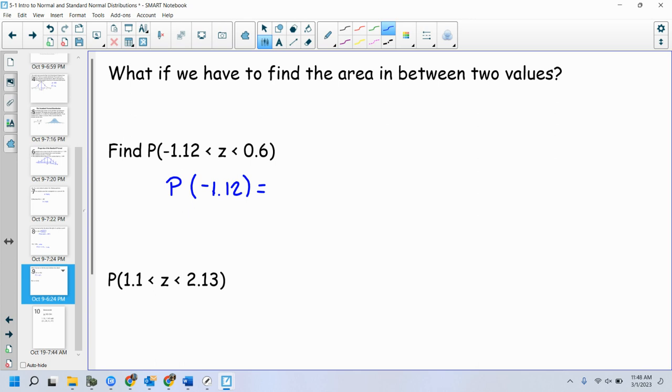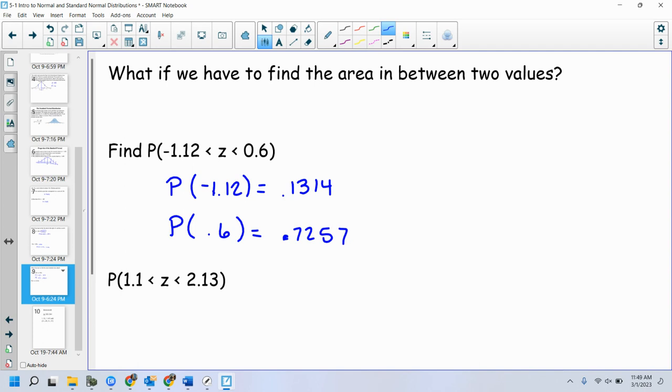What is negative 1.12? 0.1314? Let's find the probability of 0.6. 0.7257, right? 0.6 is 0.7257.